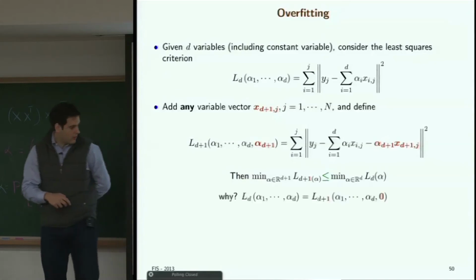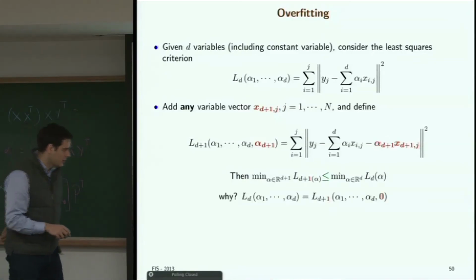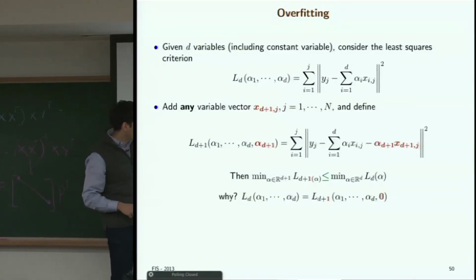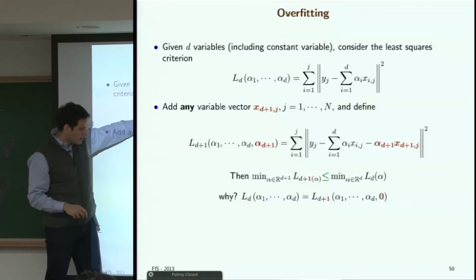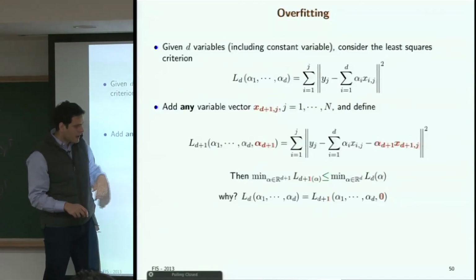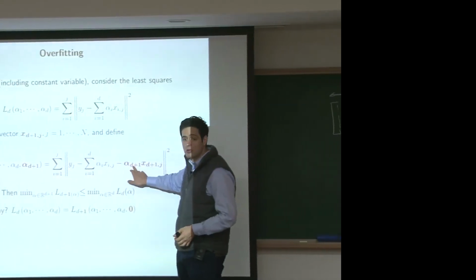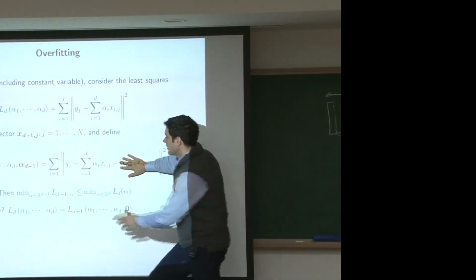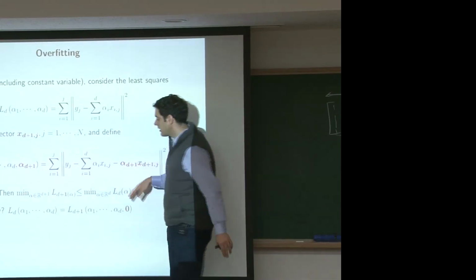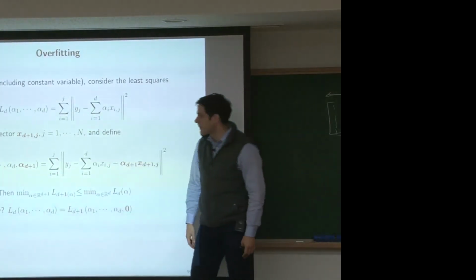Well, it's very easy to see why, because this here is just simply this where I have added a 0 to the last variable, right? If I just say that the alpha d plus 1 here is 0, then this disappears. This is equal to 0. And so those two are the same.